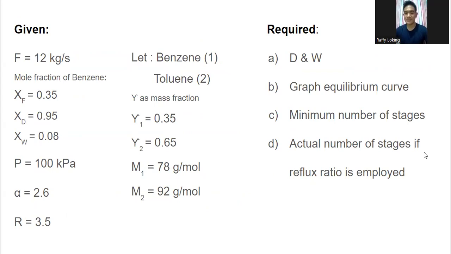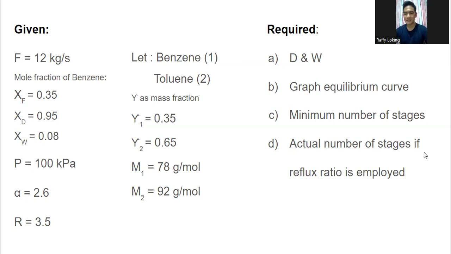The givens are: feed is equal to 12 kilograms per second. The mole fraction of benzene in the feed is 0.35, in the distillate 0.95, and in the waste product 0.08. The pressure is equal to 100 kilopascals.